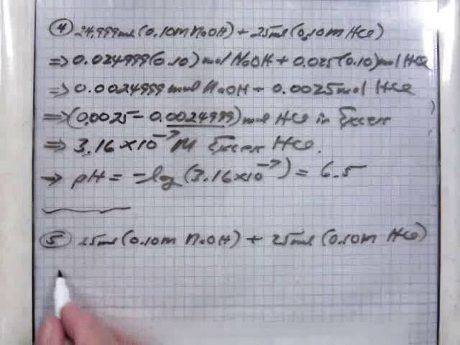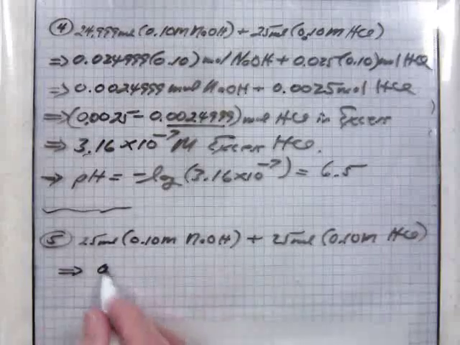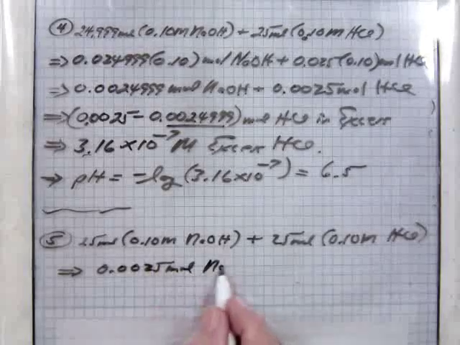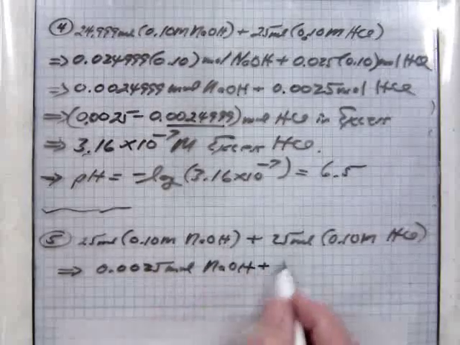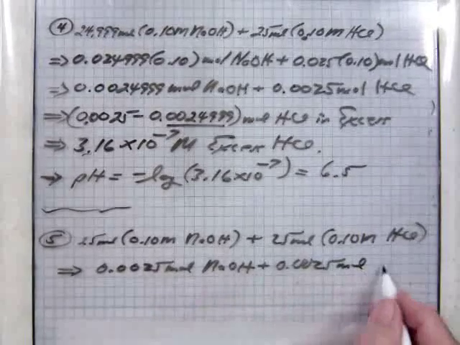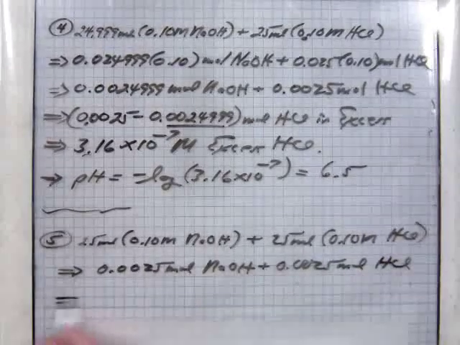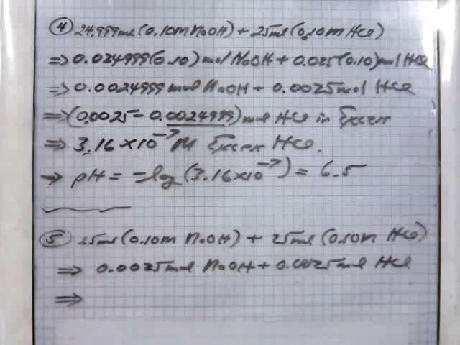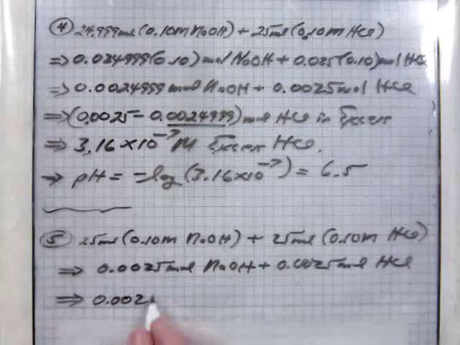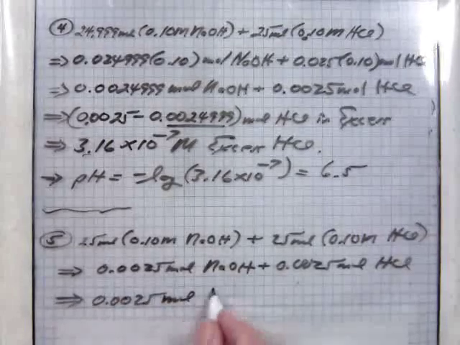But you have equal moles. So the only thing remaining in solution at this point is 0.0025 mole of sodium chloride.